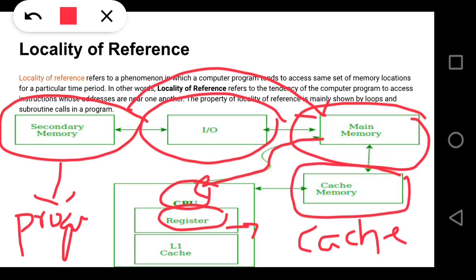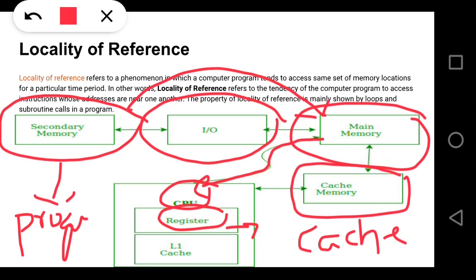So I said there is a requirement for the instructions which you know you will refer to in the near future very frequently, then it is not advisable to keep those instructions in the main memory. Rather they should be kept in a special type of memory.